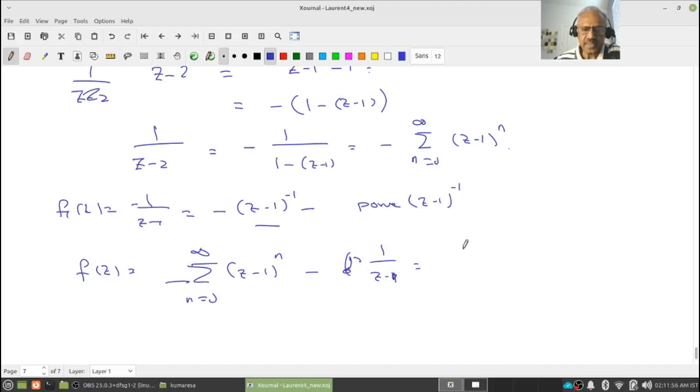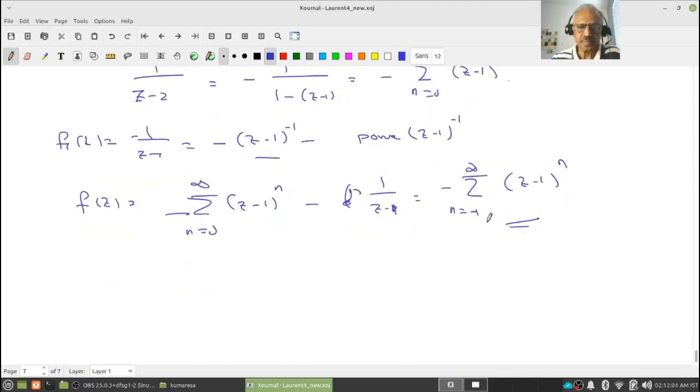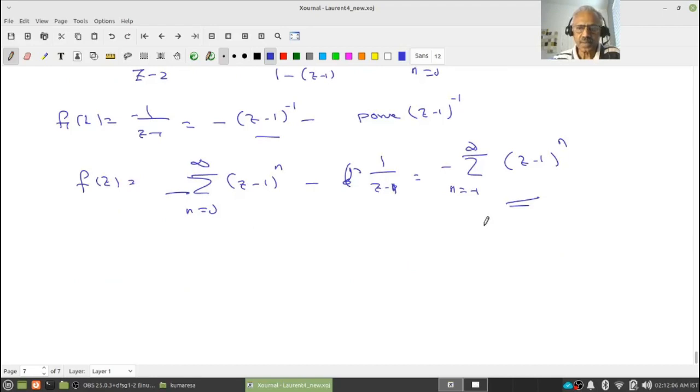So I can rewrite everything as the sum over n equal to minus 1 to infinity, with a minus sign, of (z minus 1) to the power n. Okay, so this is the Laurent series for f in the annular region 0 less than mod z minus 1 less than 1.